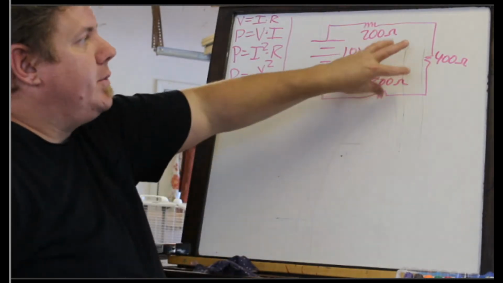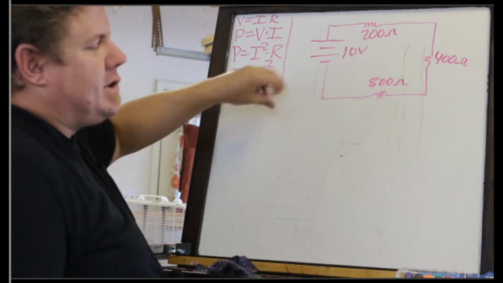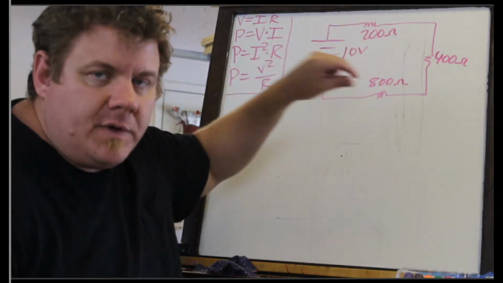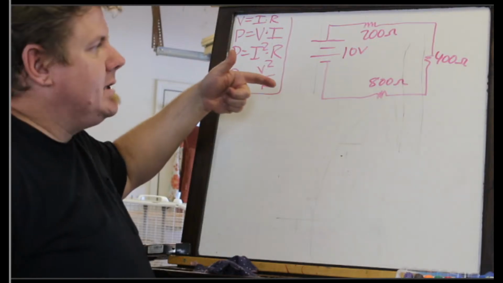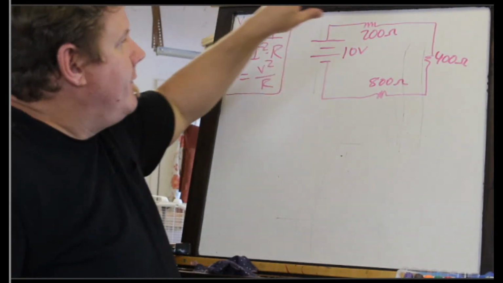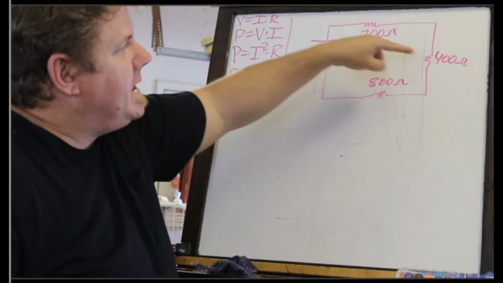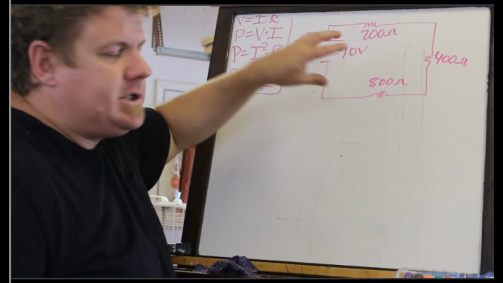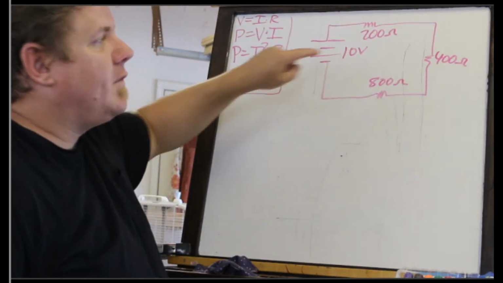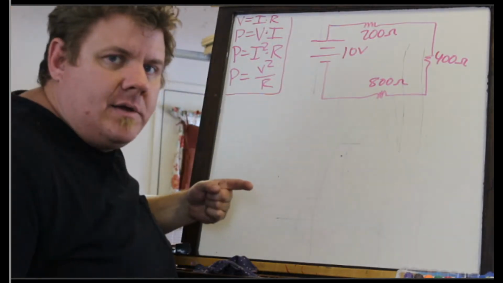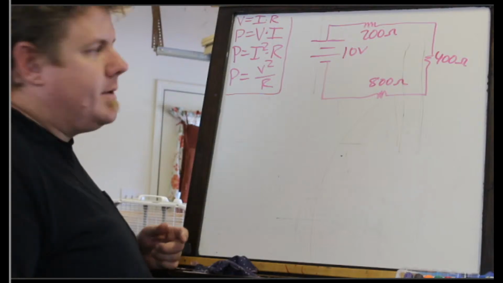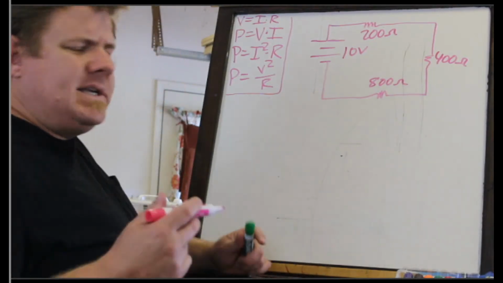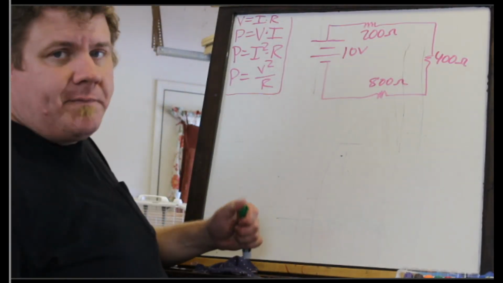You could find the total resistance first, then the total current, and then each individual voltage drop. Another way, which I'll show shortly, is voltage division, where, based on the ratio of each individual resistance to the total resistance, you find all the voltages first and then find the current. So there are multiple ways to attack this. I think the easiest way to do the series circuit is the following.